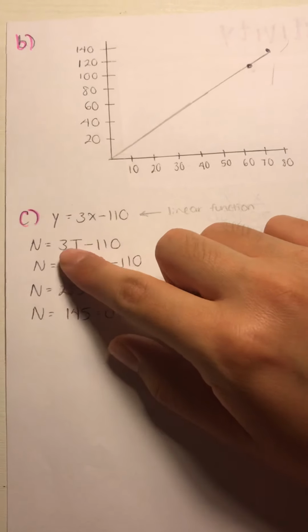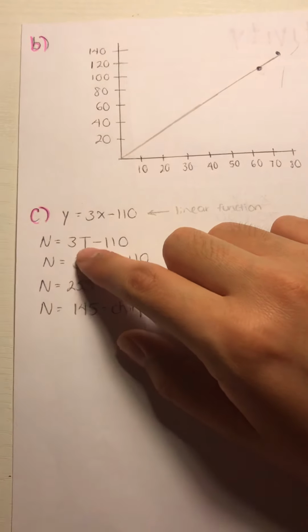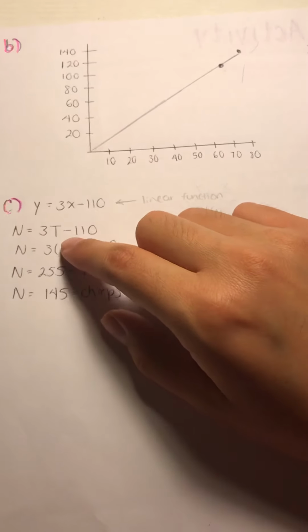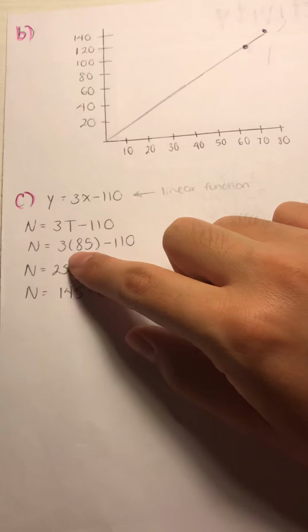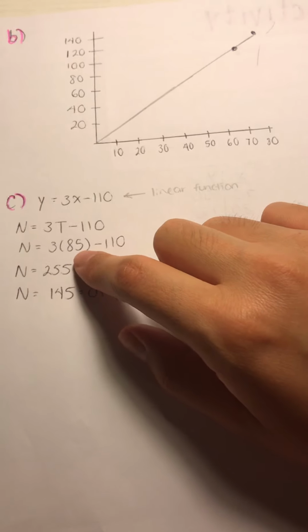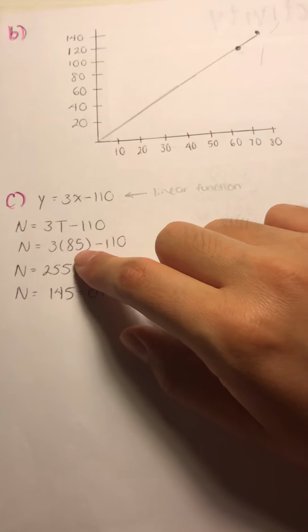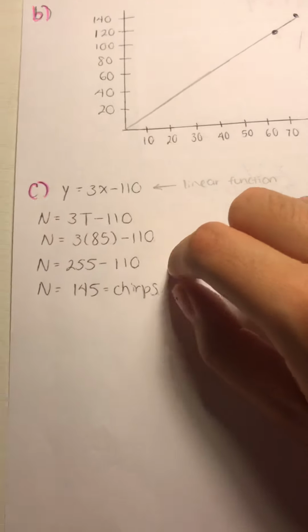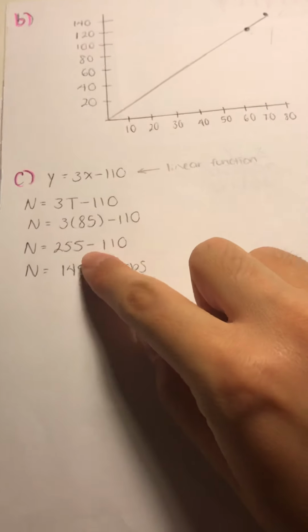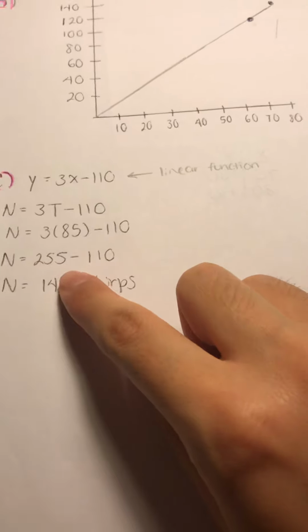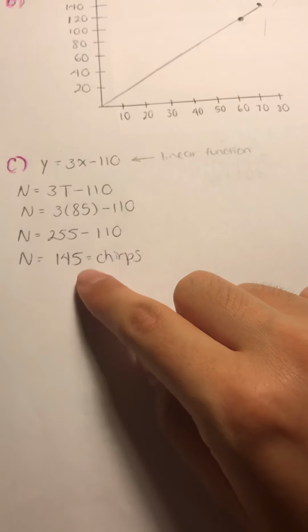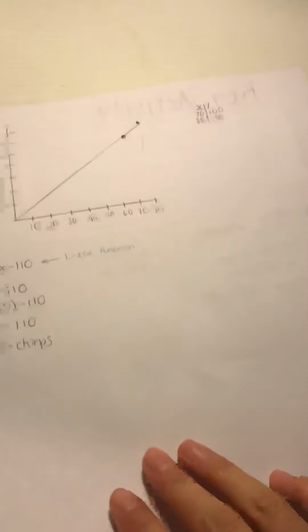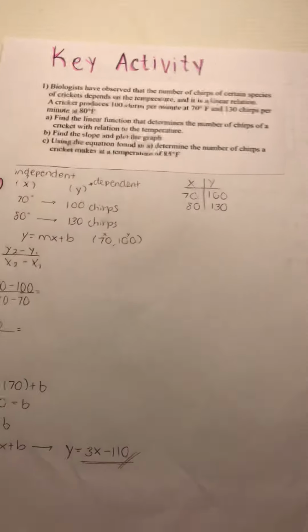So it means that it's going to be 3 multiplied by the temperature minus 110. Then we got 3 multiplied by 85, which is the temperature, minus 110. Then we solve it, and it's going to be 255 minus 110, and we are going to have 145 chirps. So I hope you like it, and that's it.